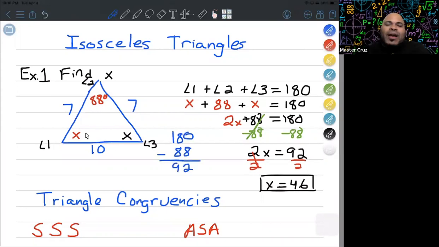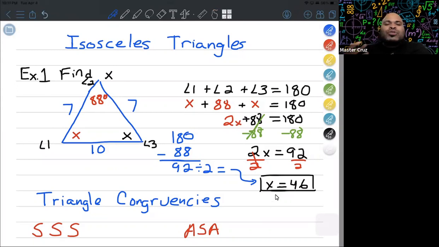And then because I know I have to distribute 92 degrees equally into these two, all I have to do is divide this by 2, right? I divide that by 2, and I get my 46 again. So there's two different ways that you could do it. If you could do it intuitively, just by looking, if you're a visual person, that will probably help a lot. And if you're not a visual person, then write the equation, set all angles equal to 180, and use algebra to solve for x.